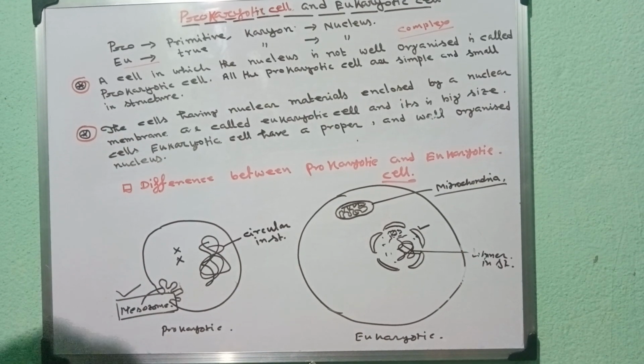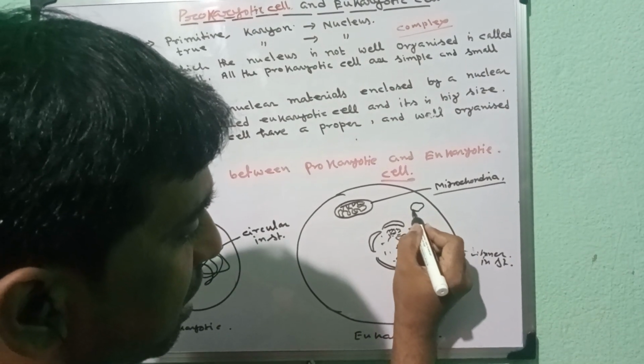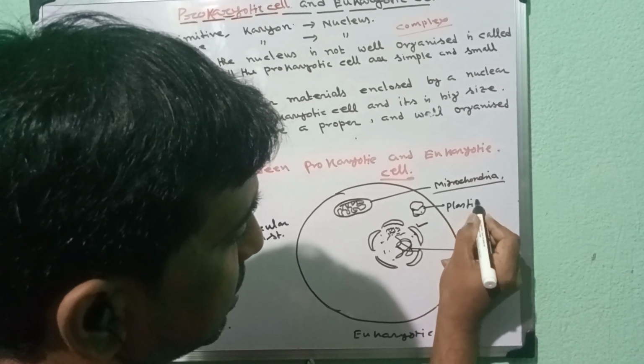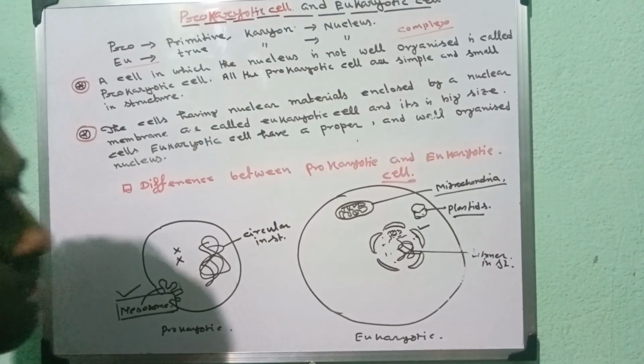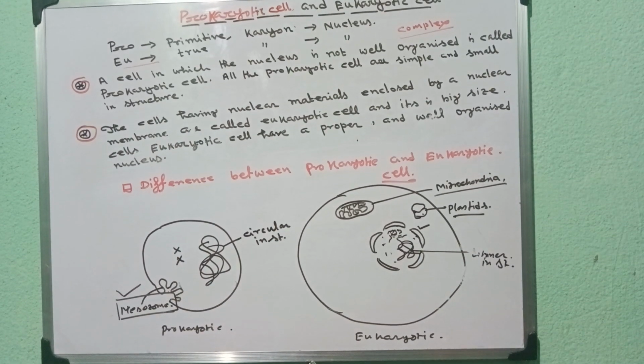In the eukaryotic cell, plastids are present, only in the plant cell, but in the prokaryotic cell plastids are totally absent.